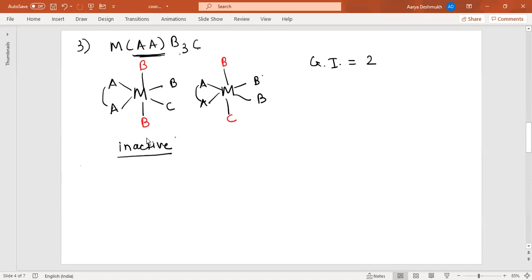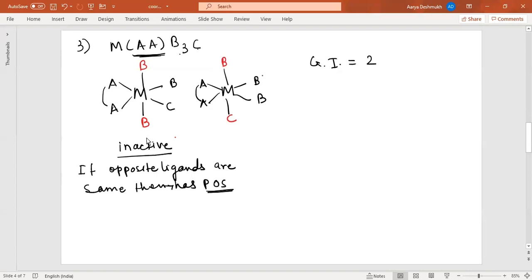I'll write here: if opposite ligands, which I drew with the red color, are the same, then the molecule has a plane of symmetry. And if it has a plane of symmetry, it would be optically inactive. This is just a trick for you.